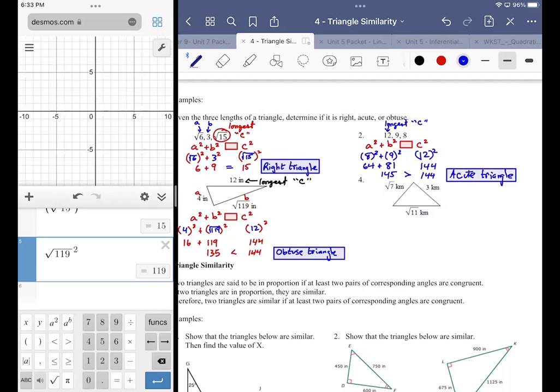It's still acute because a squared plus b squared is greater than c squared, but it's not by a heck of a lot. I'm trying to think of a way to construct this quickly just to show you. I'll do it later, but there is a way that I can demonstrate how you can create the triangle with the particular dimensions. But like I said, I'll show that in a little bit.